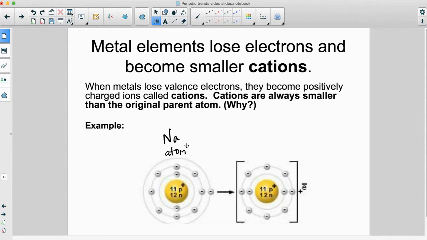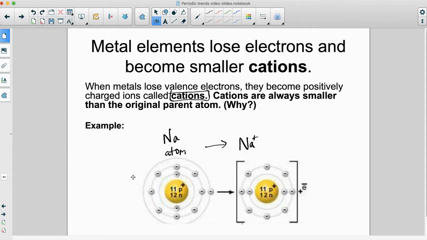And when metals lose their valence electrons, they become positively charged ions called cations. And it turns out cations are always smaller than the original atom. Why is this? Because there are fewer electrons. In this case, there's one less electron shell. And so the nucleus now only has to pull in 10 electrons versus 11.